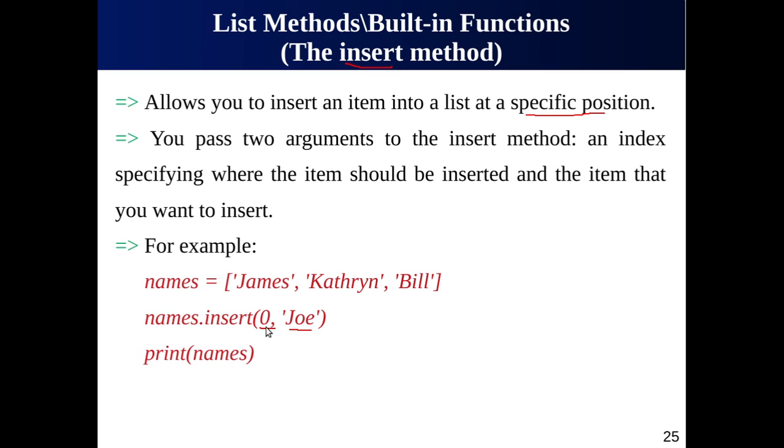So in this case, the index is 0, means I want this item to be inserted at the beginning of the list. Okay, if you want to insert the element, for example, here, so this is your location 0 and this is 1, then you have to write 1 here. It will insert joy here. That is the insert method.